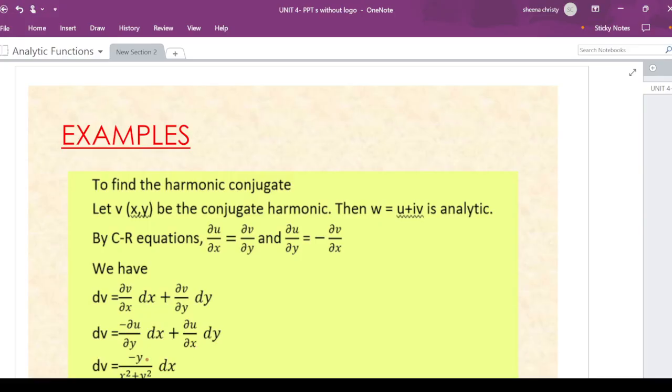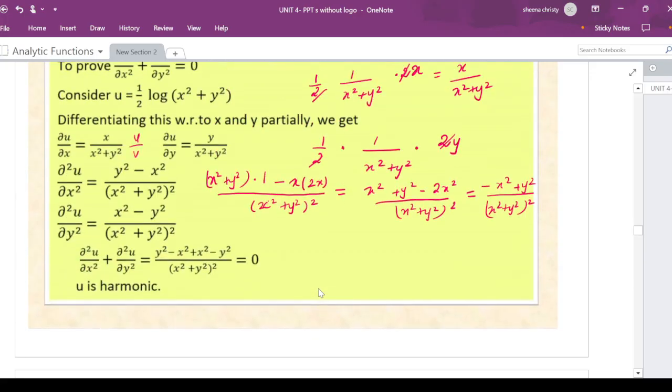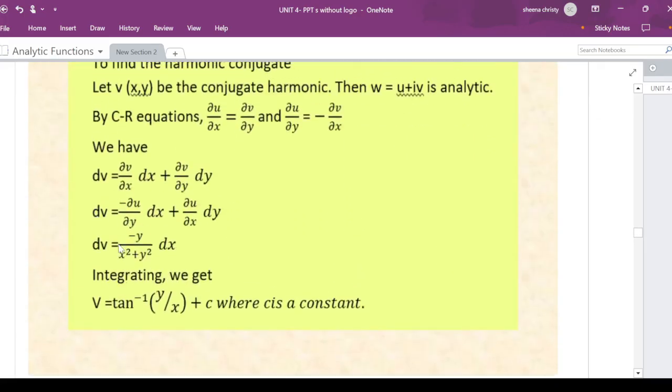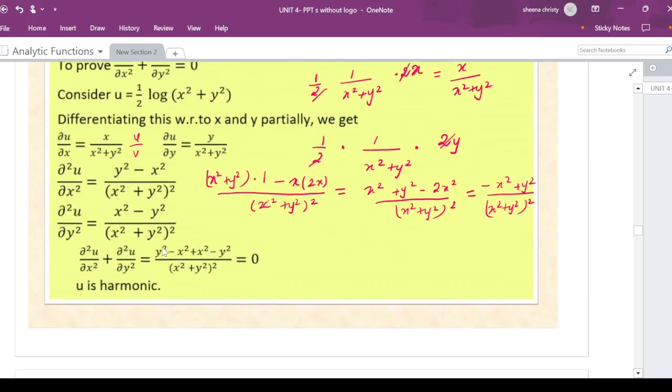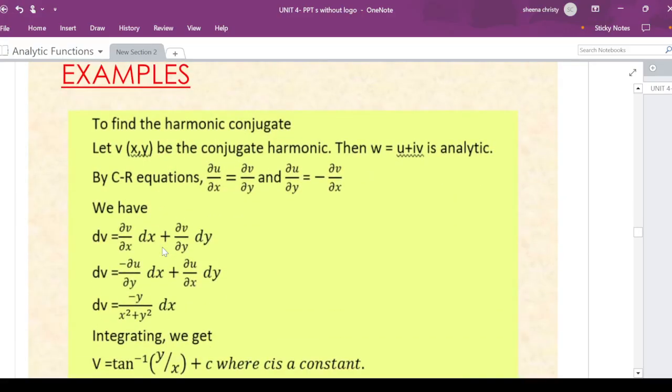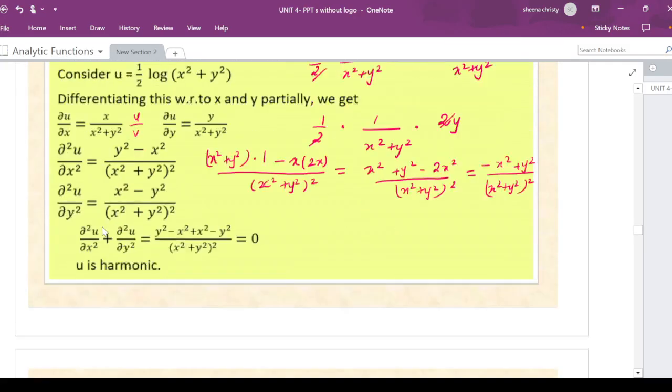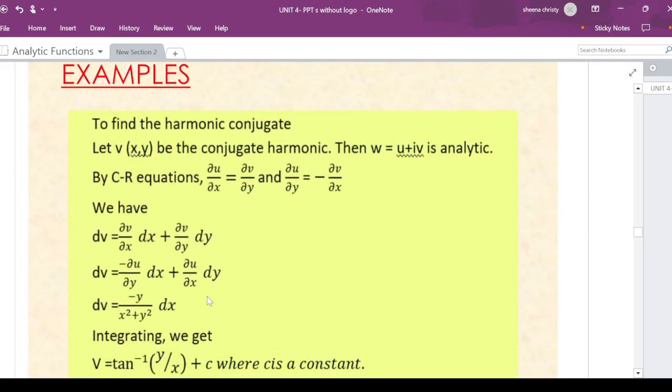Substituting it, and you already found the values of dou u by dou x and dou u by dou y, you will get dv equal to minus y by x square plus y square into dx, plus x by x square plus y square into dy.